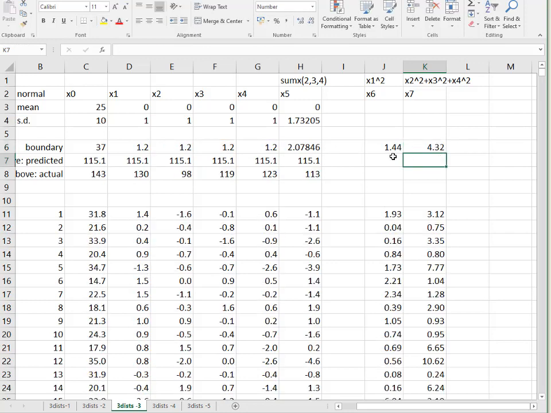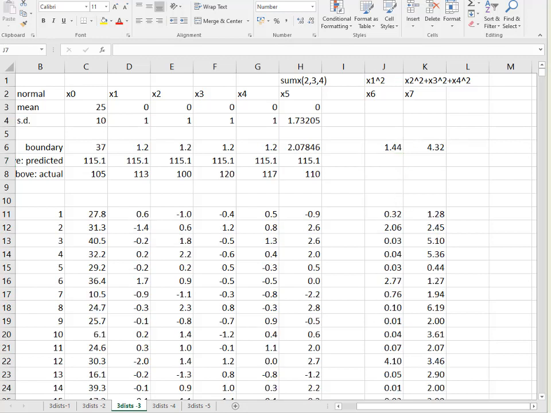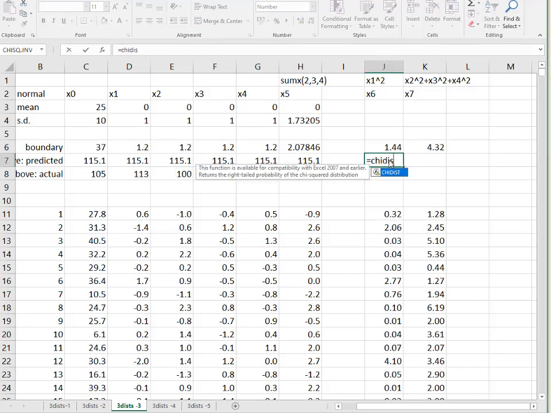And let's just see if you can theoretically work out how we could predict how many should be above this threshold. And the formula built into Excel for that is CHIDIST. So you put in CHIDIST of this number, and it's going to tell you what percentage is above that number.